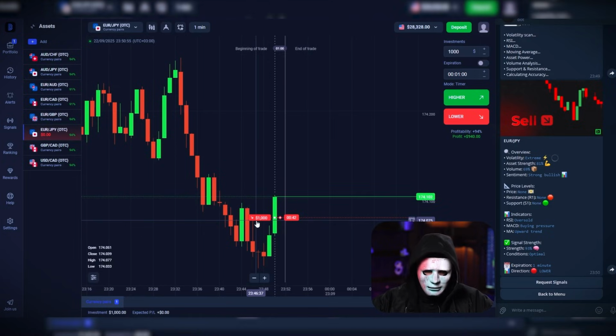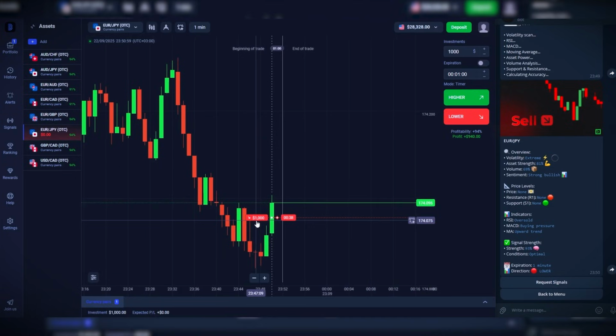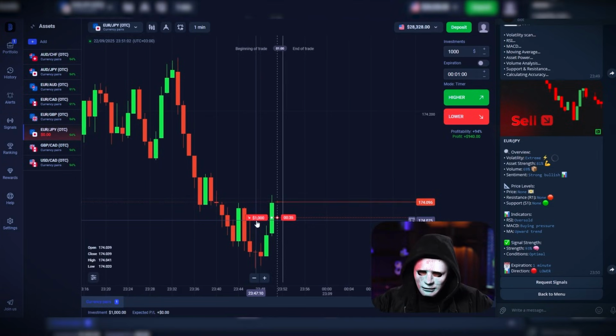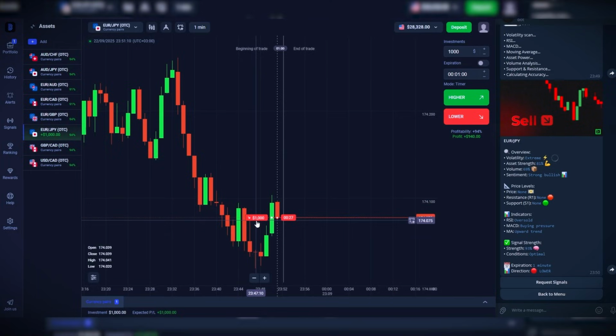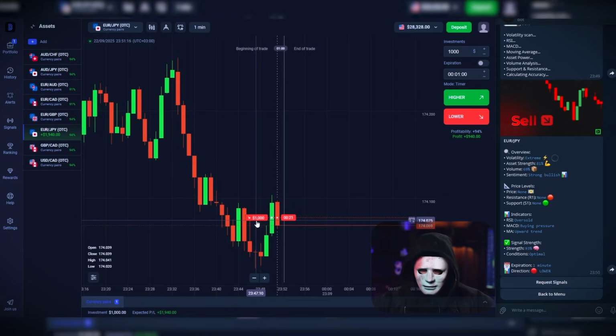By the way, right now, look, we don't have the best entry point, in my opinion, even though the bot told us to go for a sell. But we still have 30 seconds left, so let's wait together. Maybe the bot was actually wrong this time, but it looks like everything has started moving. A big red candle is forming.